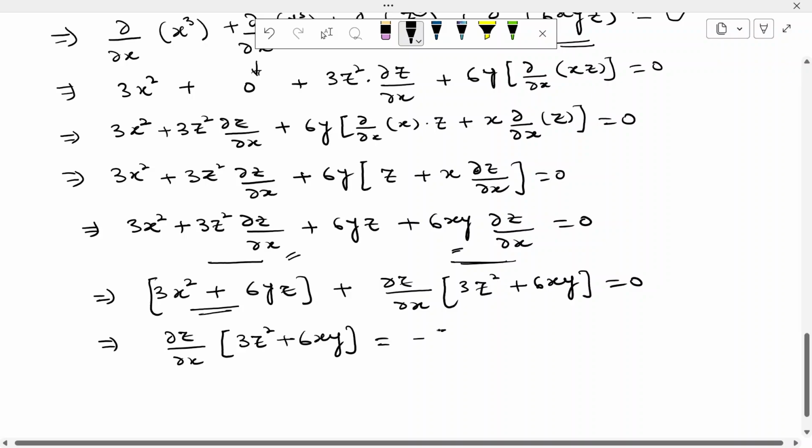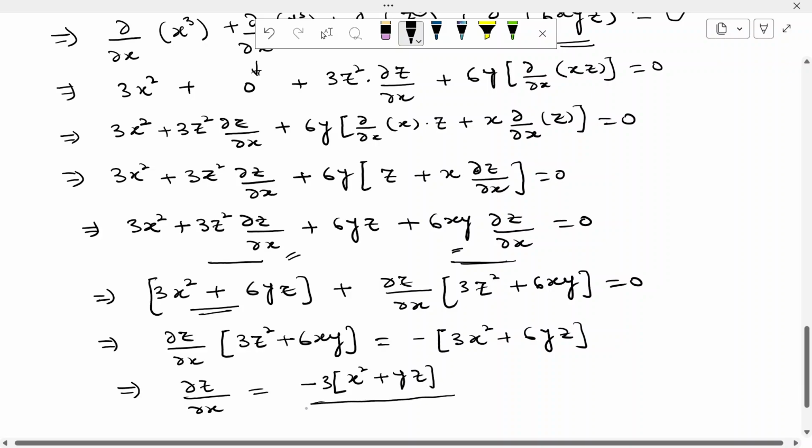So this gives us (3x² + 6yz). So from here you will obtain ∂z/∂x as minus, and you can take this 3 as common, so this is (x² + 2yz), sorry, this will be 2yz, and in the denominator again you can take this 3 common from this bracket also, so we have z² plus 2xy.